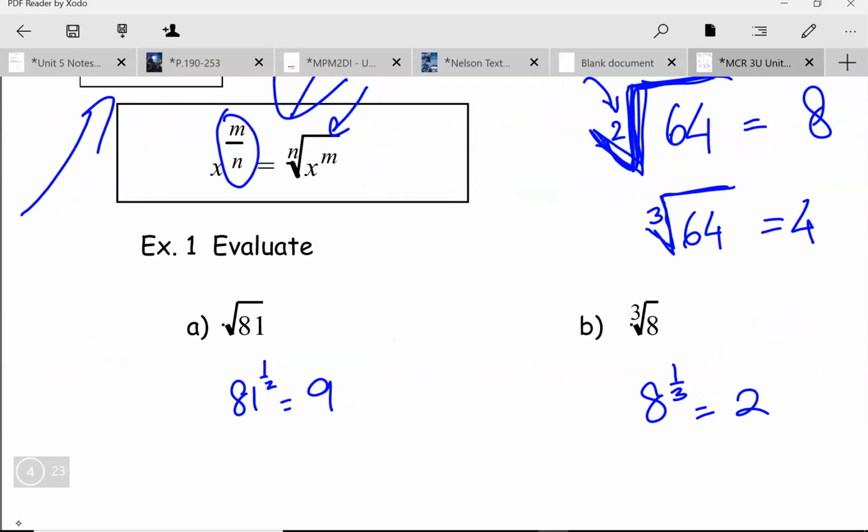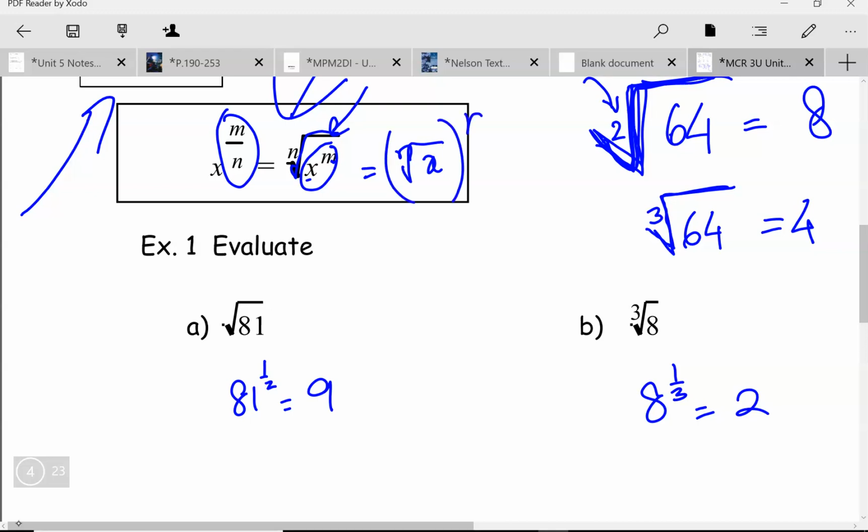Notice here that because essentially what I'm doing here is x to the power of m over n, you can take the nth root of x to the power of m. So you can do x to the power of m first and then take the nth root of that. Or you can take the nth root of x first and then do that to the power of m. It doesn't matter which order you do it.